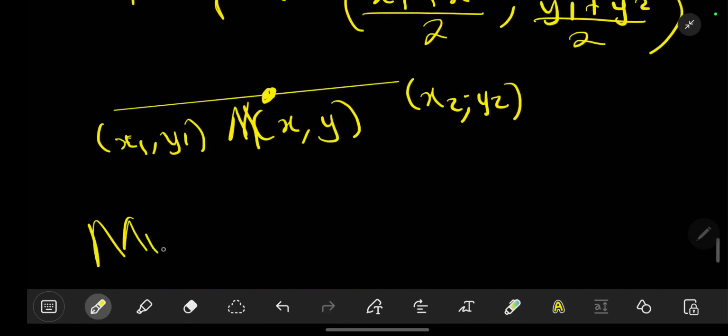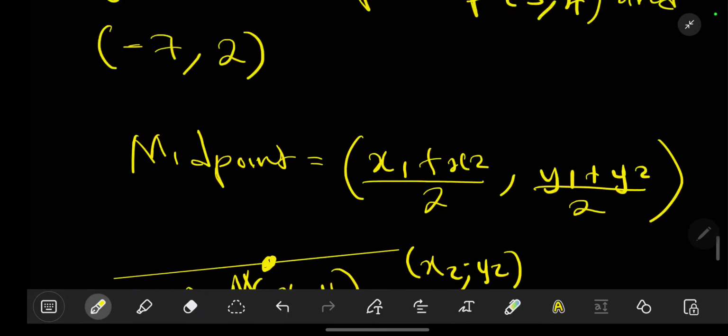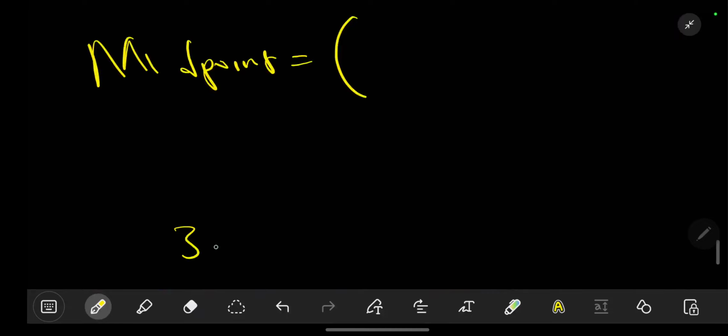So we have the midpoint. What is our x1? We have coordinates such as, let me write them here, 3 comma positive 4, and then negative 7 comma 2.